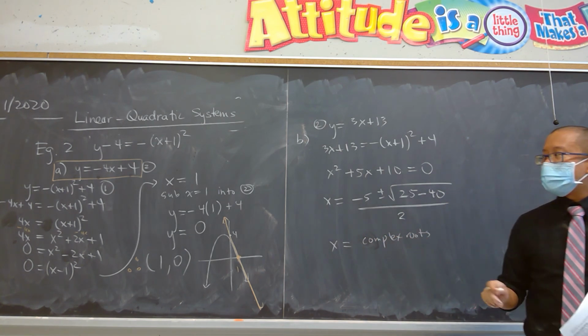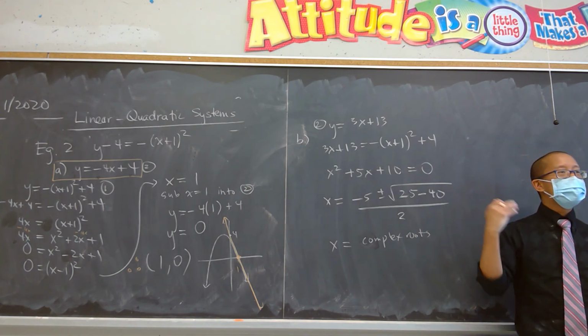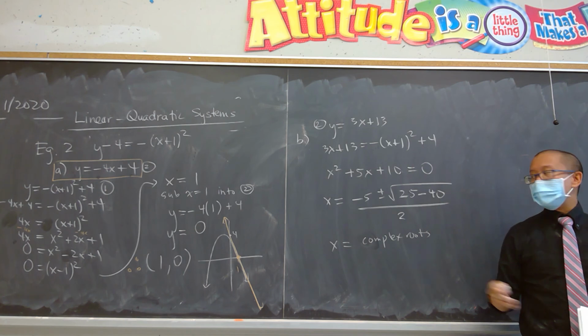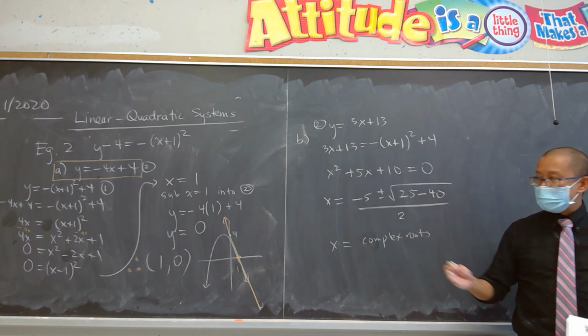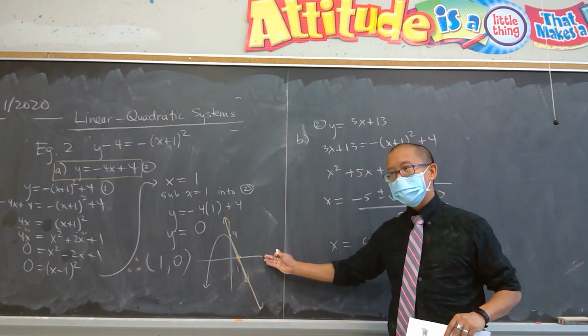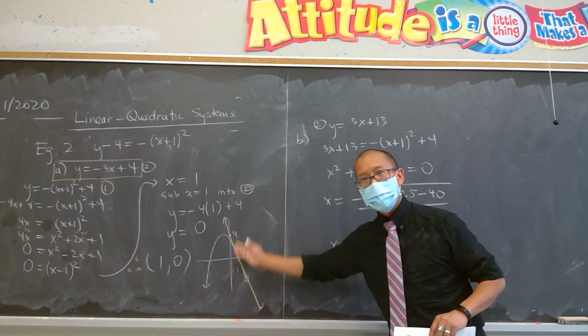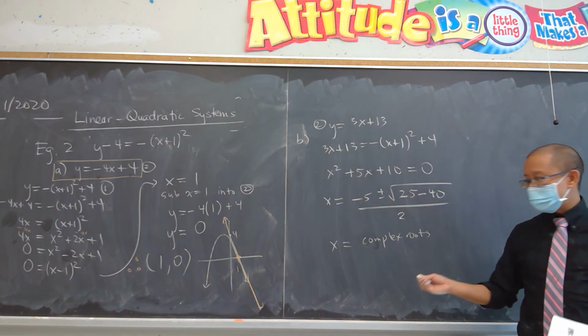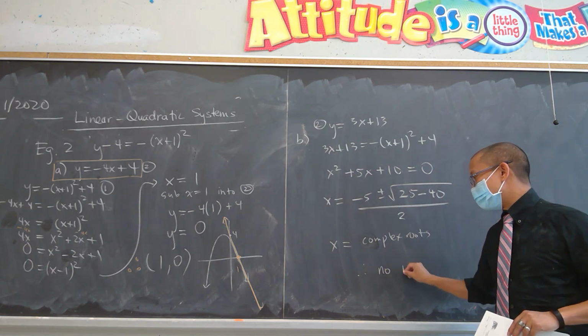And again, one more time, the whole point of what I'm trying to tie into this whole massive quadratic unit is that although we can have complex roots, on a real number line x-axis and a real number line y-axis, they're never going to intersect. So this one has no intersections.